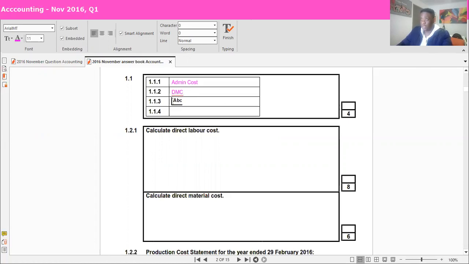The third one is selling and distribution cost, and I'm going to write S and DC. Please guys, when answering this question in the exam, write in full. The last one is factory overheads, and I'm just going to write FOH. All right, done with question 1.1, and now we move on to 1.2.